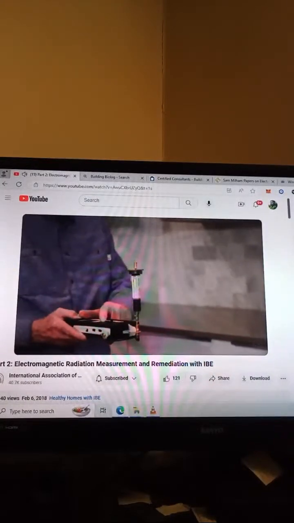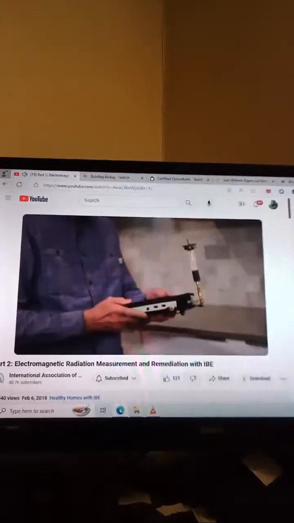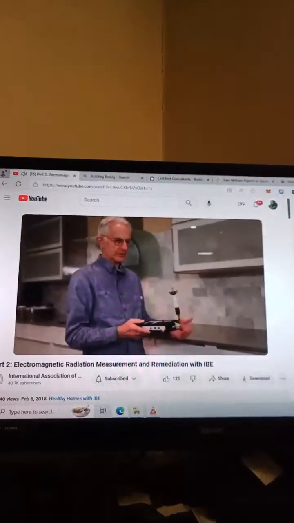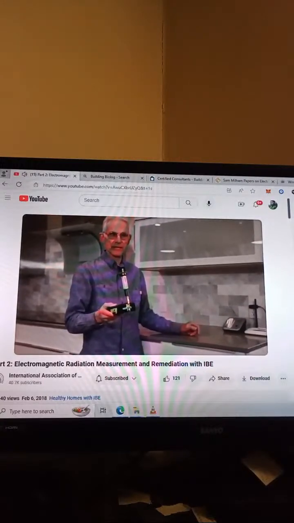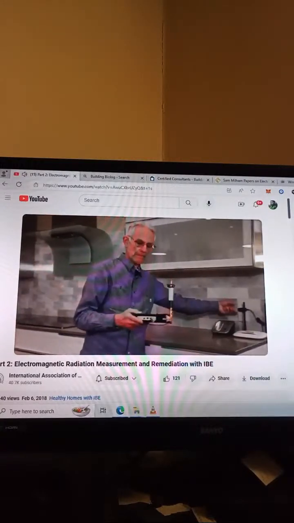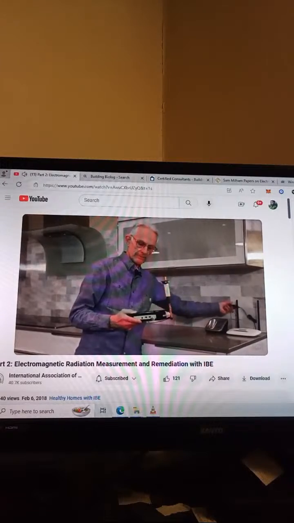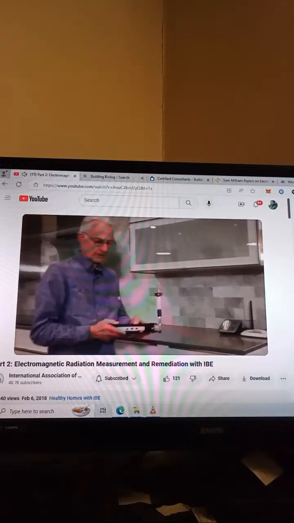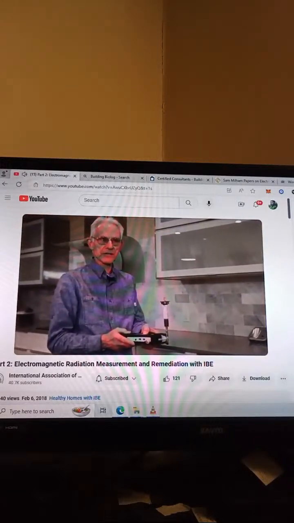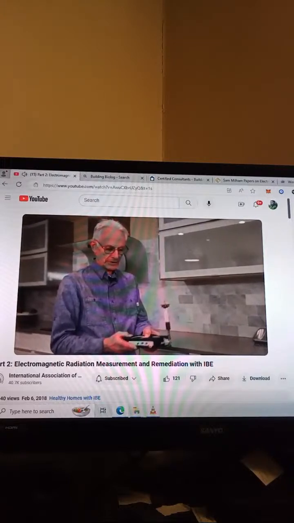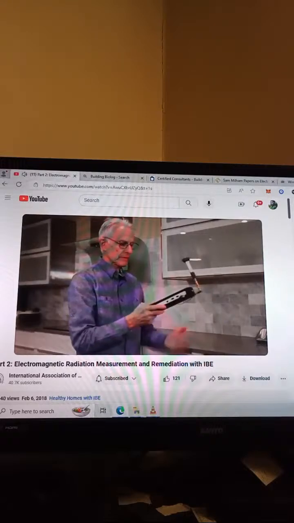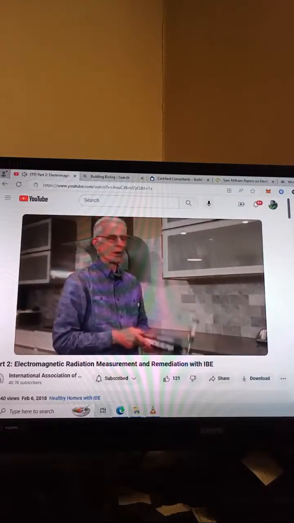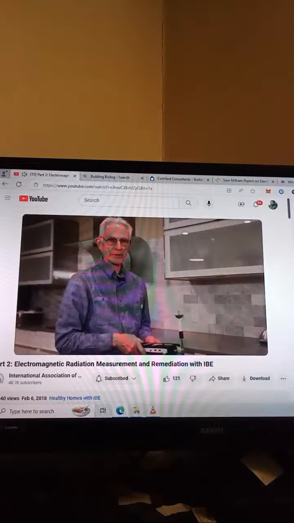So the cordless phone is gone, and we're basically looking at router levels still somewhat below 20,000, but still 18,000 microwatts per square meter. We get rid of the router, and silence descends upon the room, and we have gone down to around 1 microwatt per square meter.